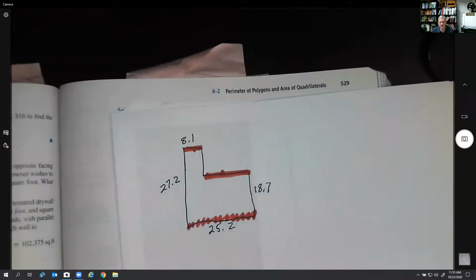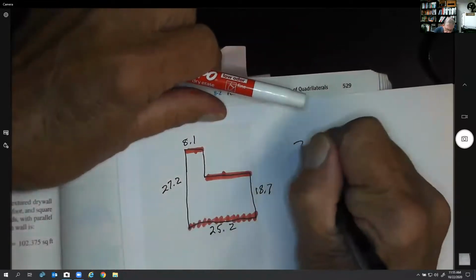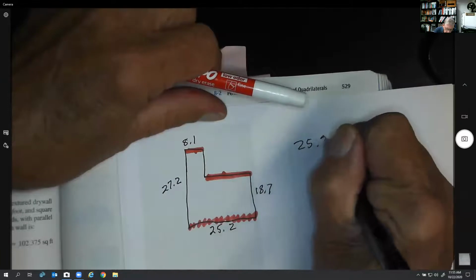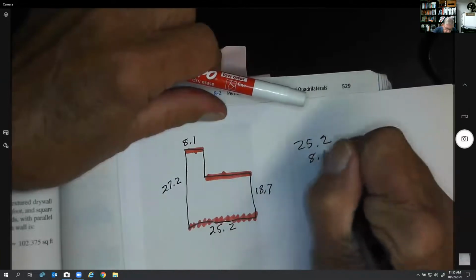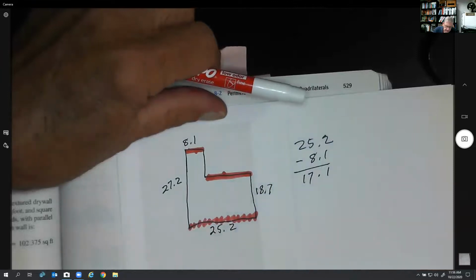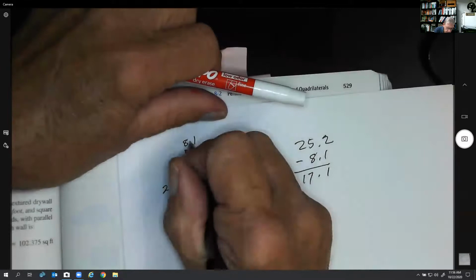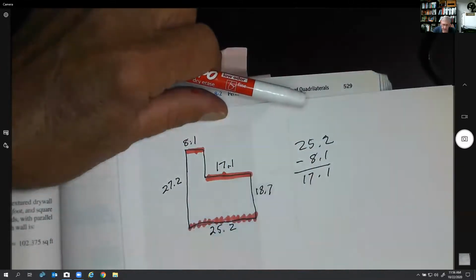So how can I find this missing dimension here? I'm going to take 25.2, take away 8.1, get 17.1. 17.1 plus 8.1 is going to give me that measurement.